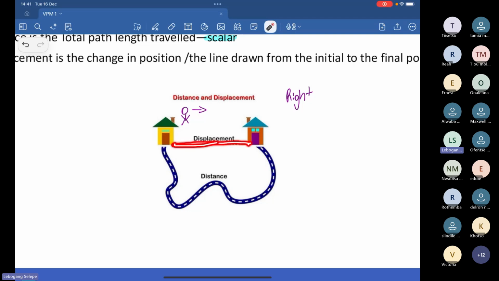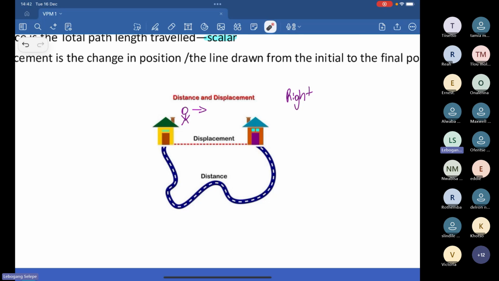If they walk along this path, you see that now the displacement and the distance would be the same thing. There wouldn't be a difference in magnitude. They would be the same. The only difference is that when we give the displacement, we would have to mention the direction as well, right? Does that make sense, guys?